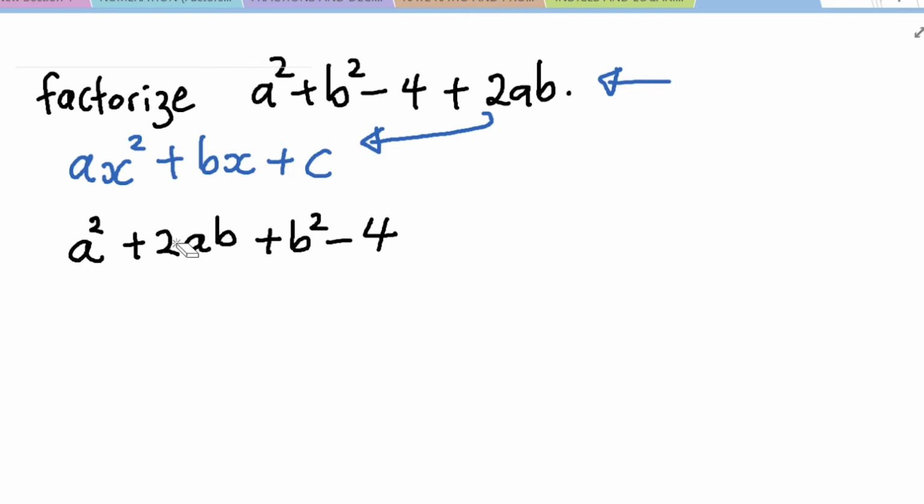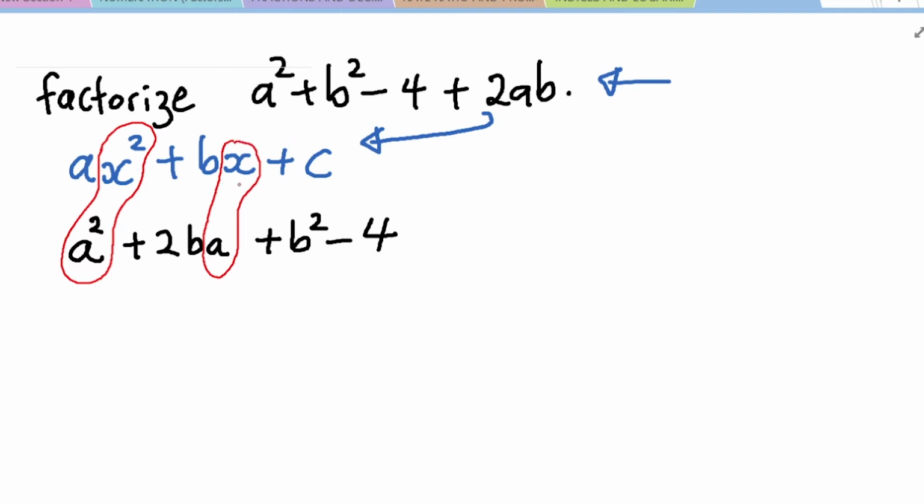If I may be more accurate here, this is going to be 2ba. So here, my x squared is that, and my x here is the a here. Remember, the a is the x.